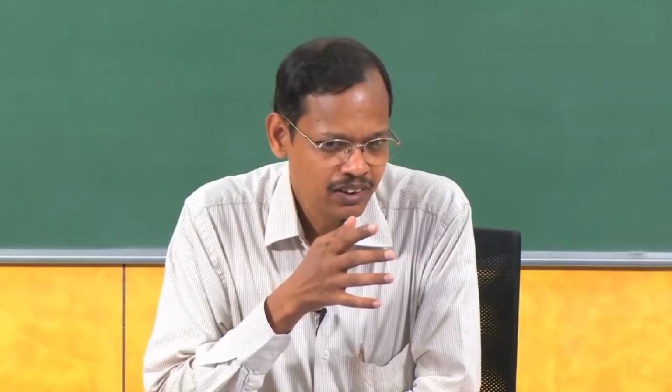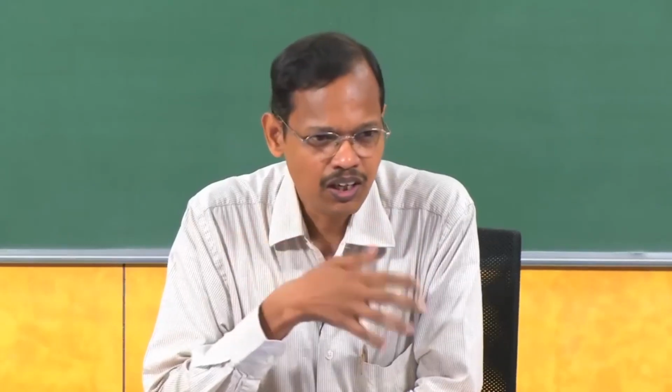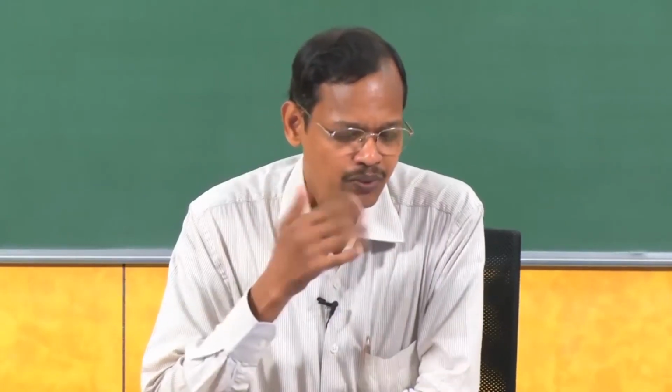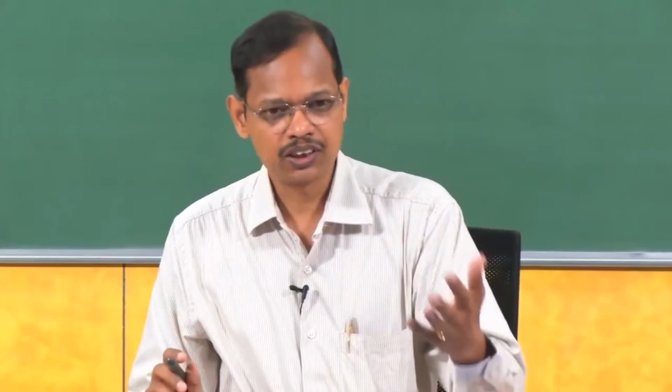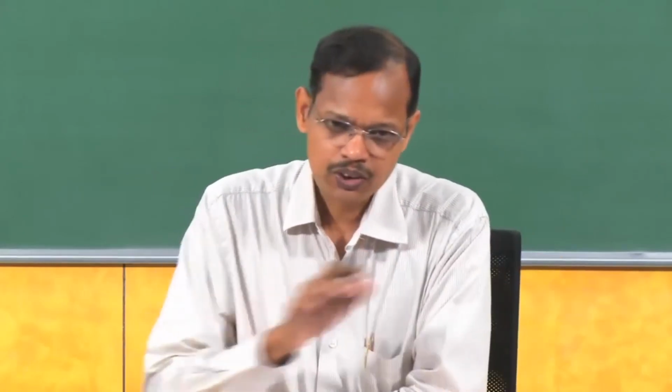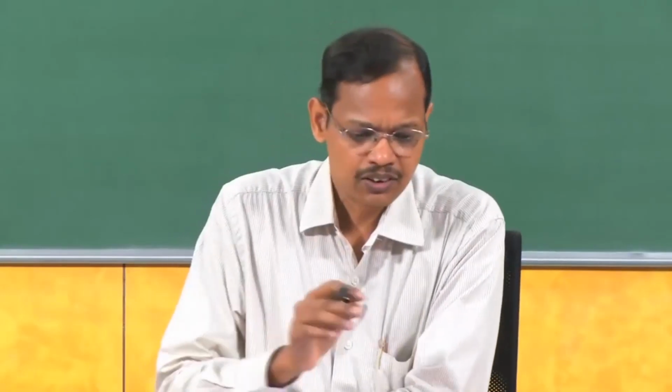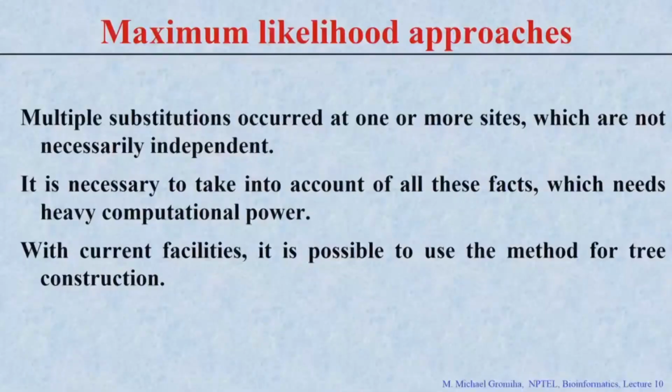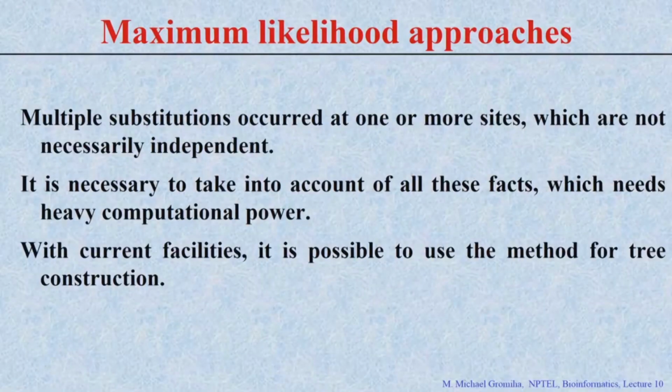So, if you have an alignment with mismatches, similar residues or completely different residues, they give weightage. Accordingly, they can also develop trees, right. So, there are different ways to construct phylogenetic trees. In this case, if there are multiple substitutions, maybe independent or sometimes not independent, that also we can take into consideration, right.